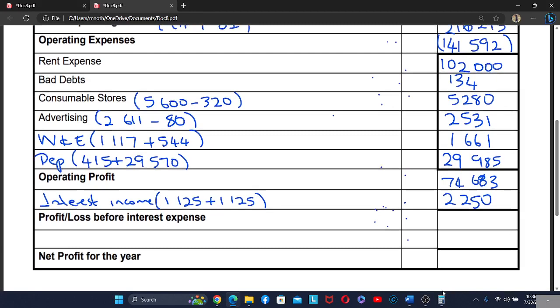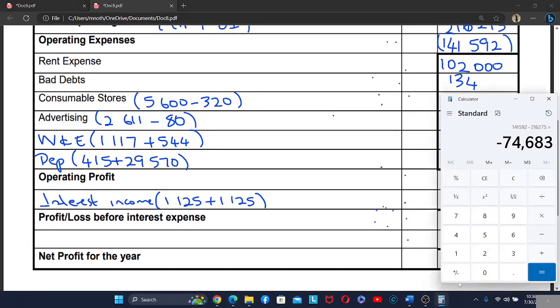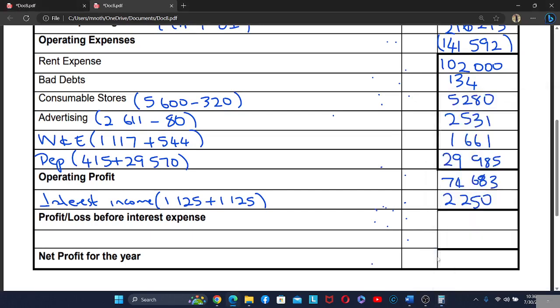Okay, then to get the profit or loss before interest expense, we must say operating profit plus interest income. So the interest income is 2,050, which is going to be 76,933.